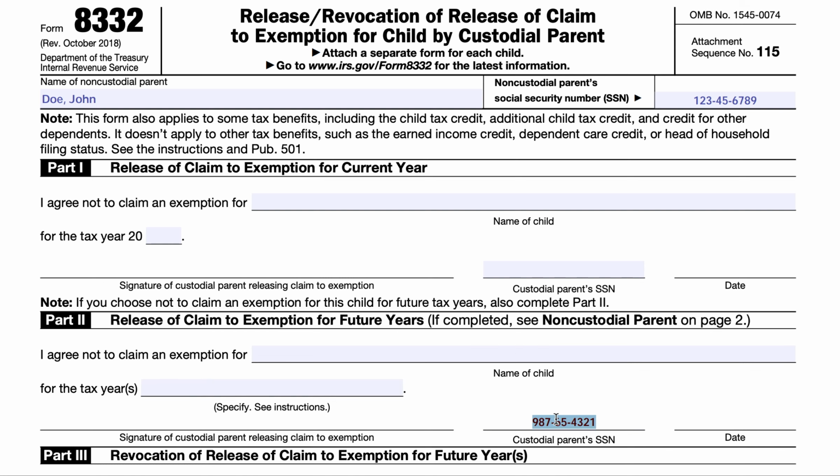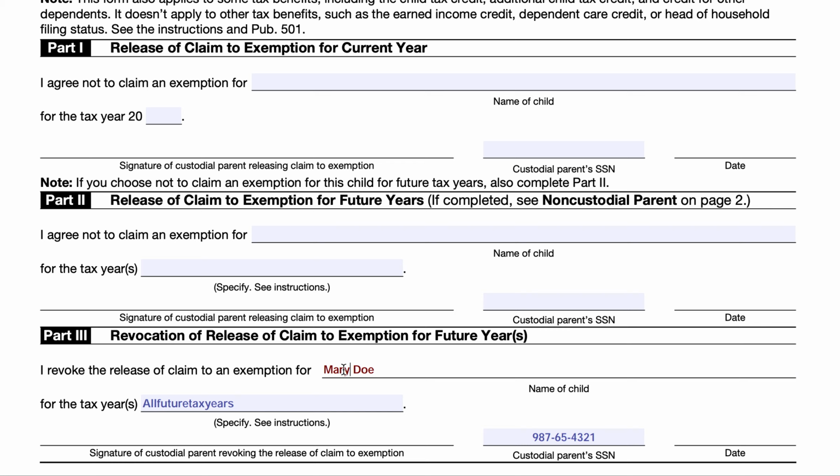She would start a new form, and she would go to part three, and she would write that starting in 2025, actually she could write all future tax years here. She would sign it, enter her social security number, and date the form.